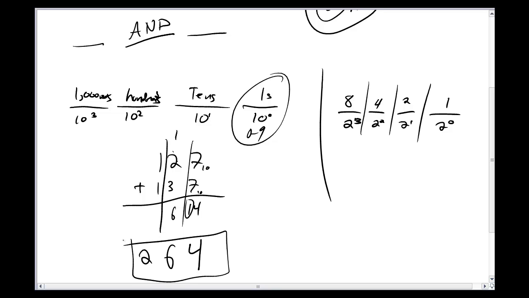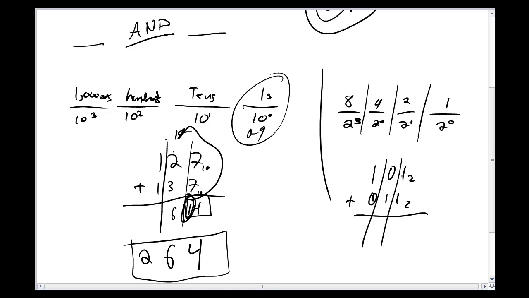So we have this idea that when I've got too much in a particular column, more than that column can hold, I take part of it and pop it over to the next column to the left. It's the exact same thing in the binary world. If I have 101 in base 2, and I've got 011 in base 2, and I'm adding these together, I get 1 plus 1, which gives me 2.